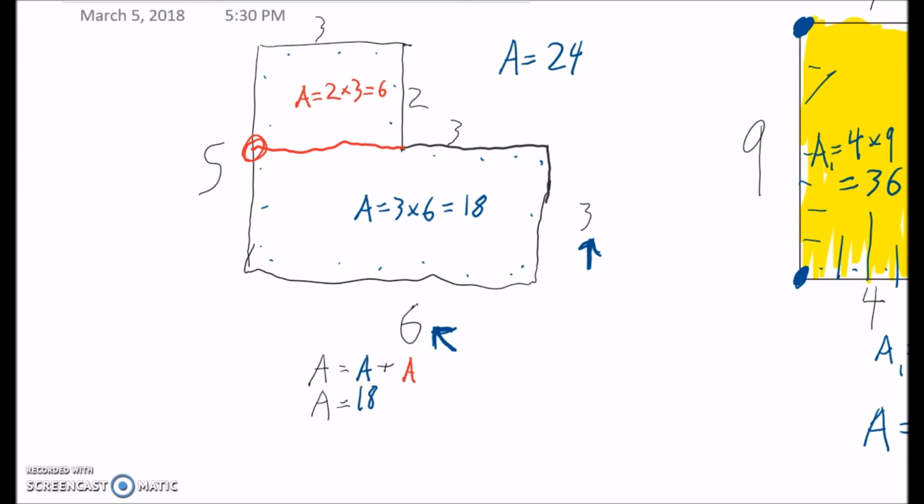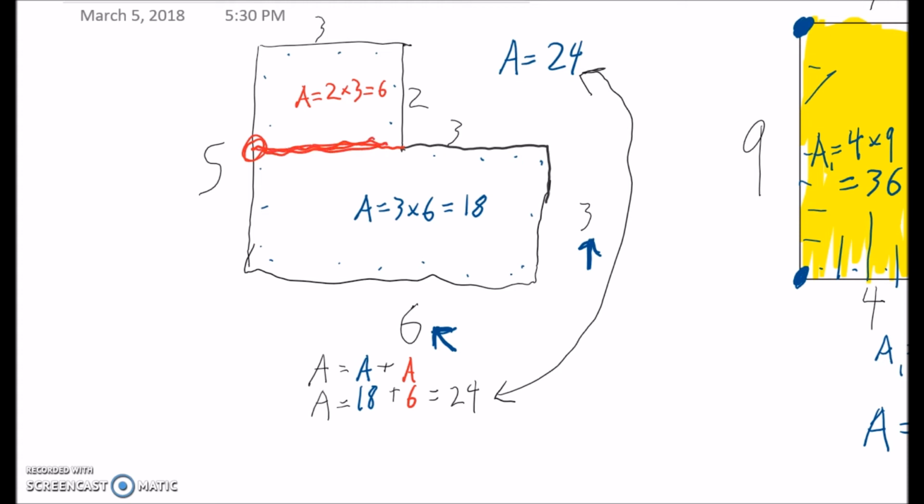Well, we had 18 plus our red area, and that was 6. So our total area is 18 plus 6. So we have 24, and notice 24 is the same, so it must be correct. So that was one way of doing it. We split it off by using this red line here, right?